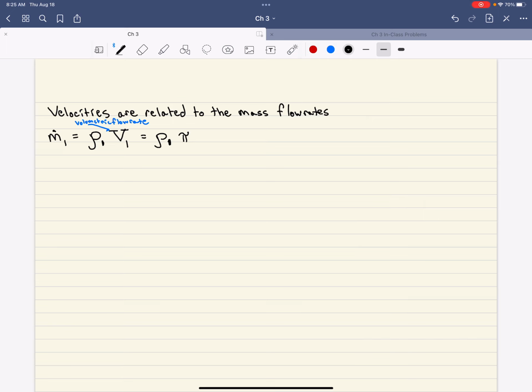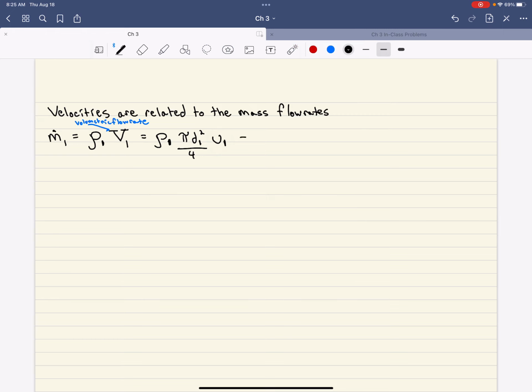So the cross-sectional area that the stream is flowing through, you can imagine it as a circle. So the area of a circle is pi diameter squared divided by 4. And then that area is going to be multiplied by a linear velocity. All right? And so from here, we could relate our linear velocity to the mass flow rate.